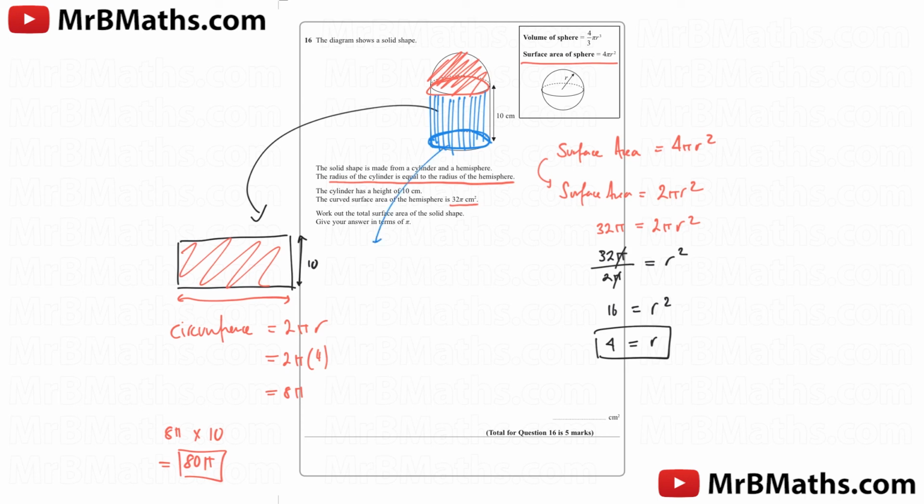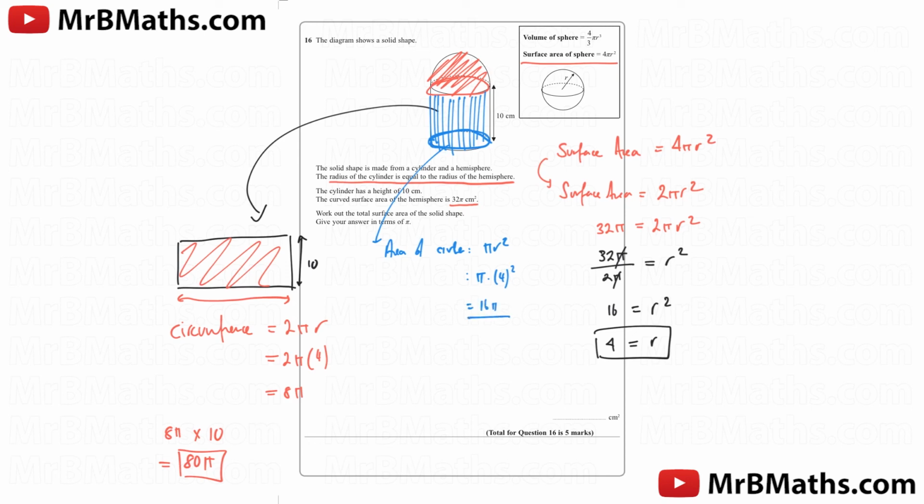Well, we know the area of a circle is pi r squared, so pi times 4 squared, that's going to give us 16 pi.